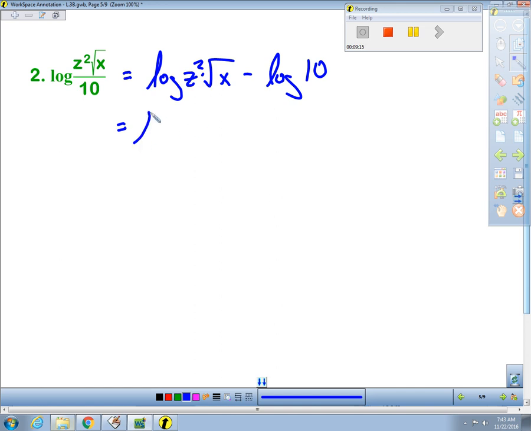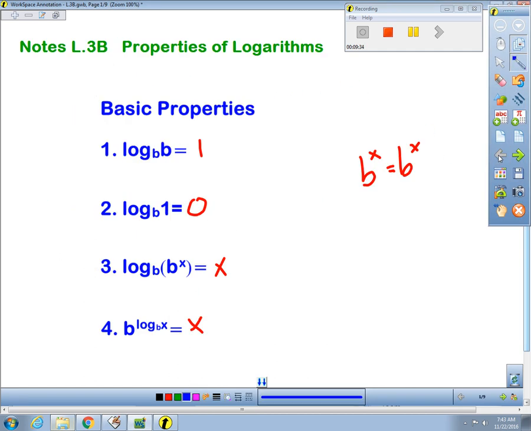I can split that into the sum. This is the log of z squared plus the log of the square root of x minus, all right, the log of 10. Remember that this is the log base 10 of 10. What is the log base 10 of 10? That's 1. 10 to the first is 10. That's one of our basic properties we talked about right here, number 1.